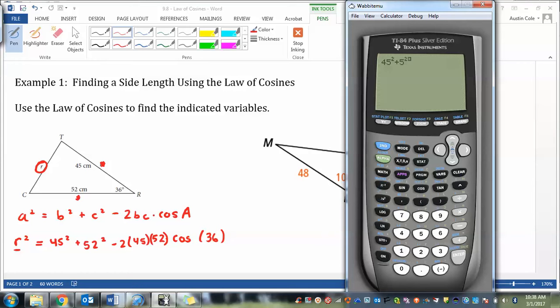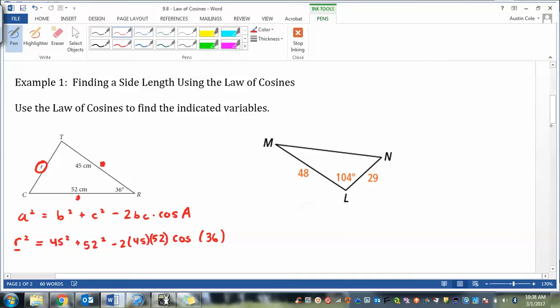The cosine of 36. What do we get there, guys?